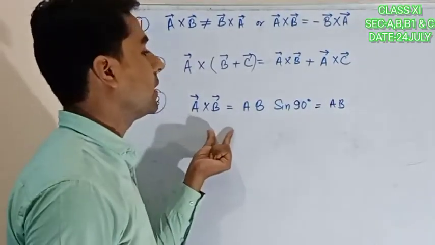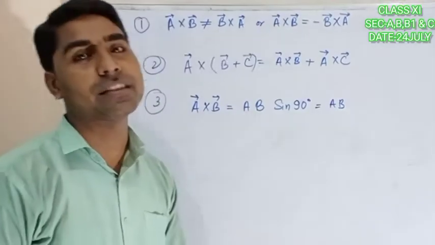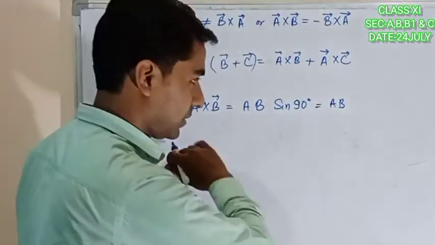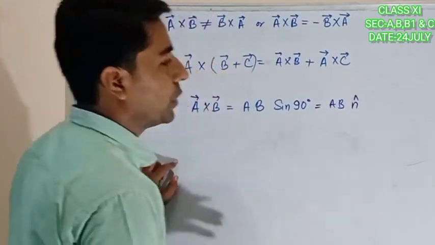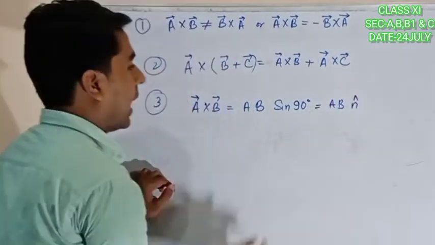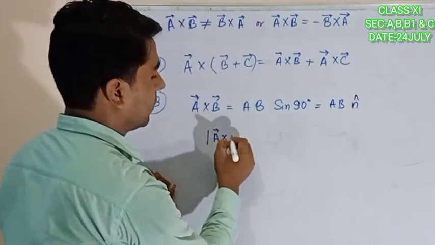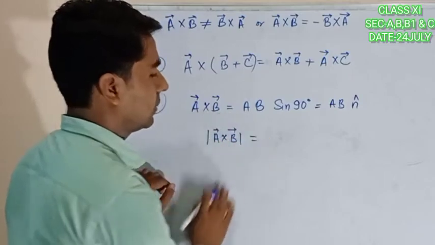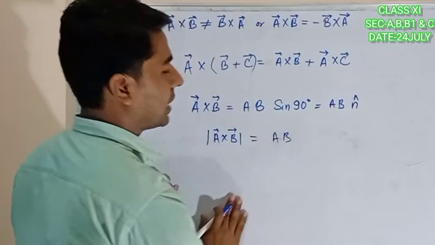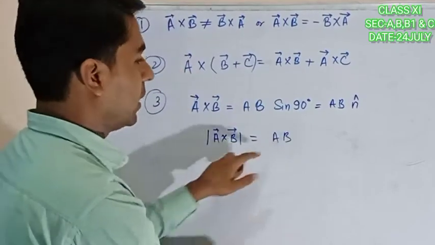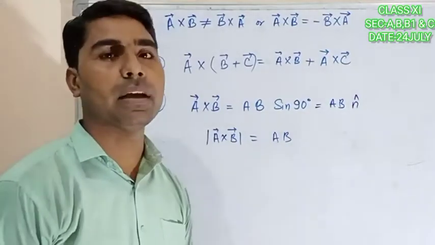So two vectors, if they are mutually perpendicular, their product will be this. But what about direction? If there is direction, you can write n cap. So this is the vector product. And if I am asking the magnitude of this vector product, then no direction, only magnitude, so AB. With only magnitude, AB; with magnitude and direction, AB into n cap.